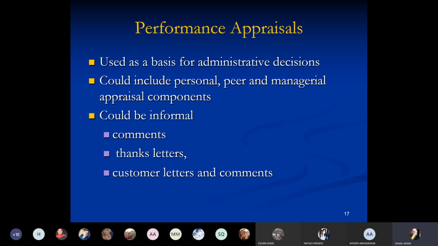Customer letters and comments. Many times we notice nurses who graduated from our university. Some patients, for example, thank them and give them a letter in a newspaper, and they post those thanks letters on their Facebook.